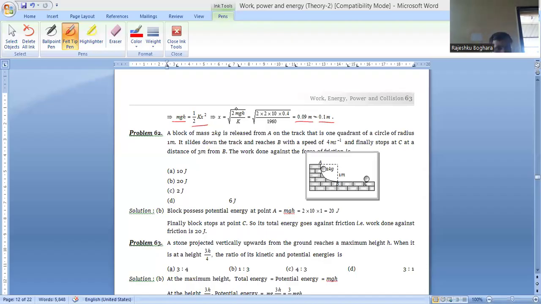Next, from a waterfall, water is falling at a rate of 100 kilogram per second. Means here given dm by dt is 100 kg per second.